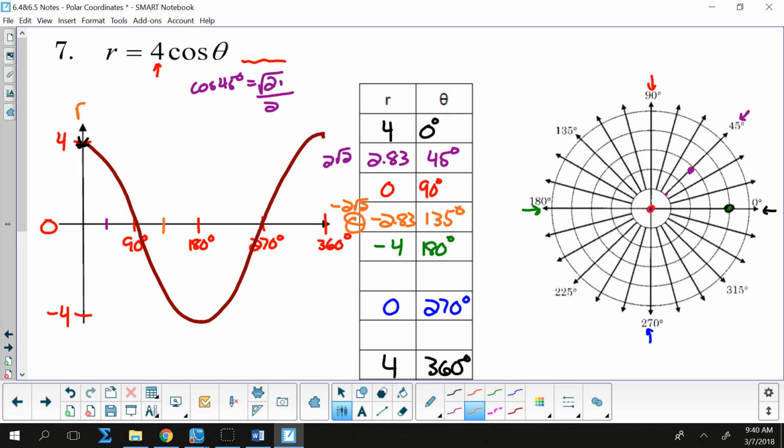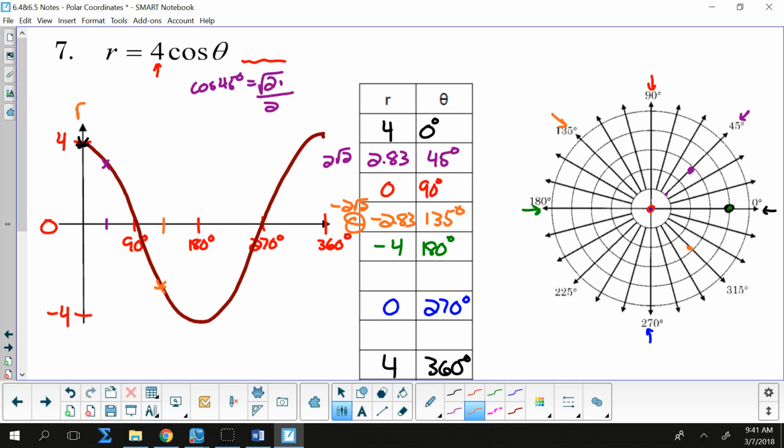Let me put those on here. So that's up here, and this one would be down here. So here is 135 degrees, but I need to go in the negative direction because I got a negative R value. So instead of going up and to the left, I got to go down and to the right, 2.83.